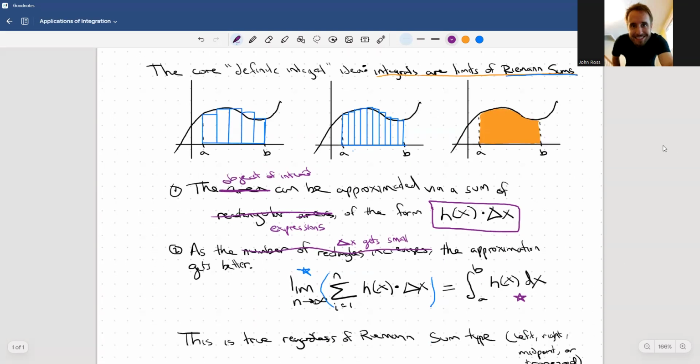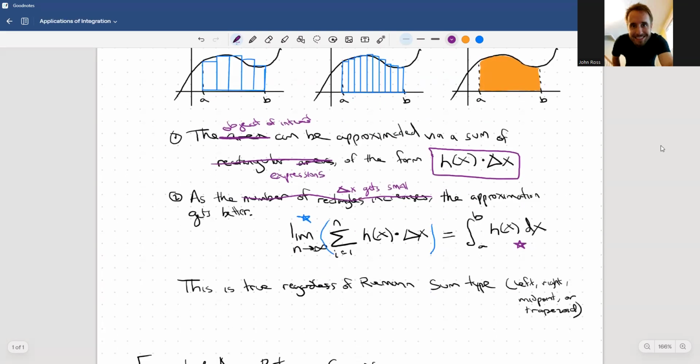Oh, and I should say, before we do that, this will be true regardless of which Riemann sum type we are looking at. At this point, we've seen left endpoint Riemann sums, right endpoint Riemann sums, midpoint sums, and trapezoid sums. The truth is, any one of those is a perfectly fine summation to use in this richer theory.